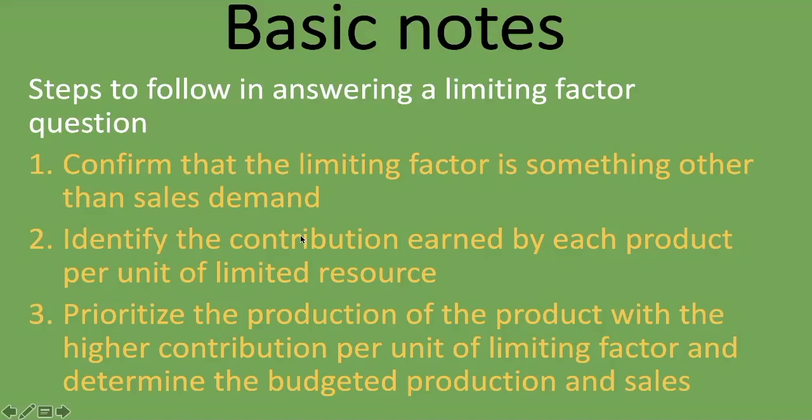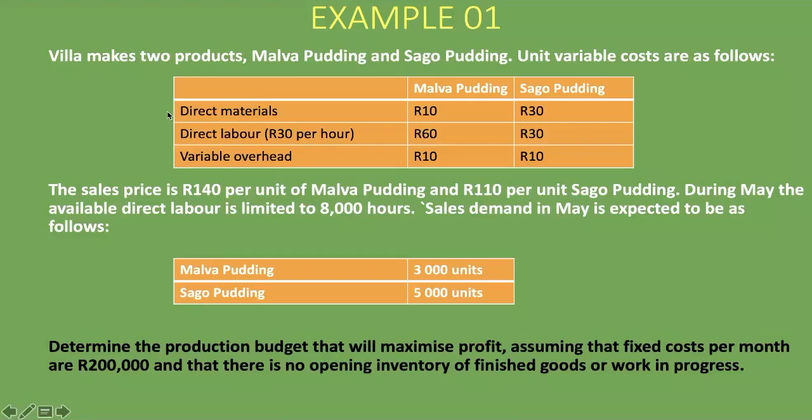Now let's look at an example and explain exactly how we go about it and how we follow these steps. We are told that Villa makes two products, Malva pudding and Sago pudding. Unit variable costs are as follows, and we are given the variable costs per unit of the two products. We are also told that the sales price is 140 Rand per unit of Malva pudding and 110 Rand per unit of Sago pudding.